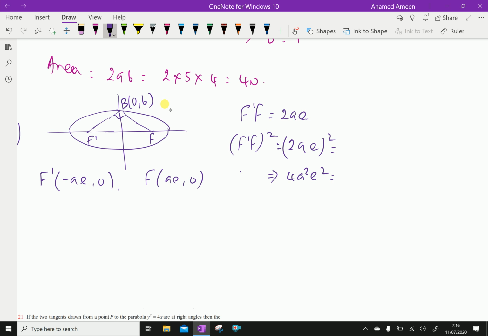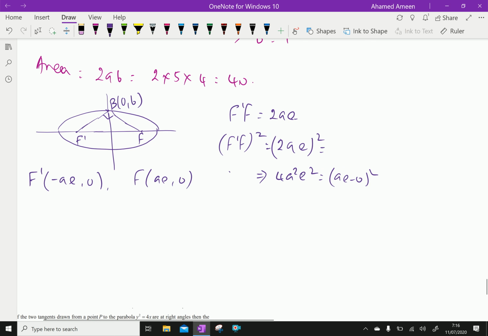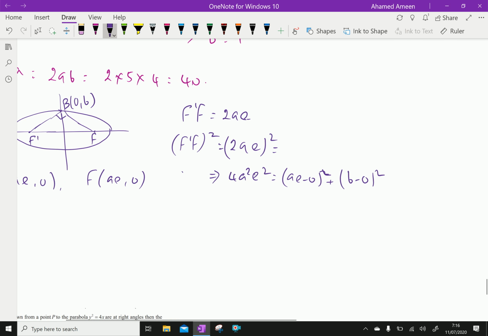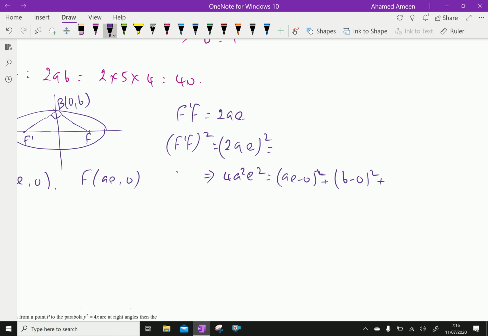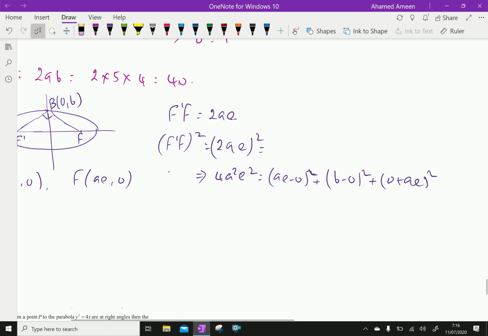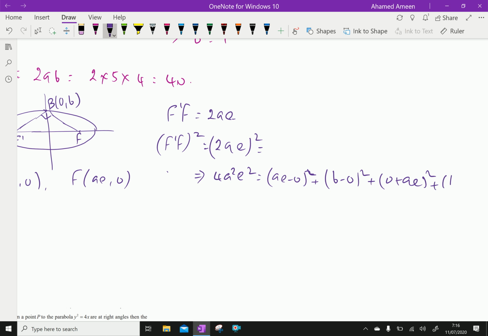Here BF squared is AE minus 0 the square, for the y axis B minus 0 the square, plus for BF dash is 0 plus AE the square plus B minus 0 the square.